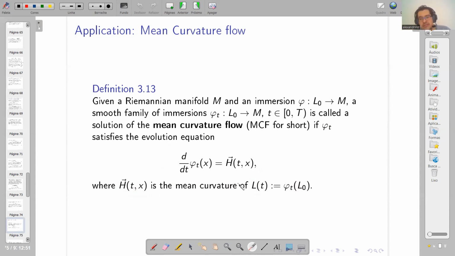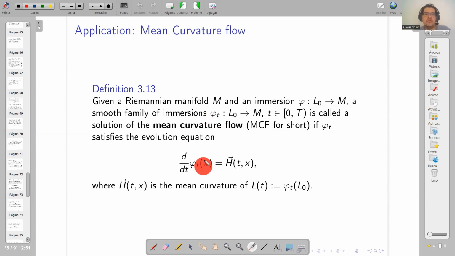I will be considering immersions without self-intersections, okay? So I'm doing some kind of abuse of notation, identifying the image of your immersion with the immersion itself. It will not cause problems for me because I'm considering special situations of mean curvature flow.